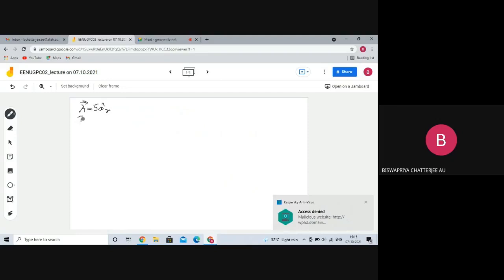And along with this, B now has an additional component of bz. So B is ax cap plus by ay cap plus bz az cap.